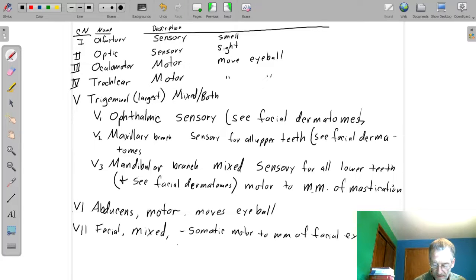We have sensory fibers within the facial nerve. Sensory for taste. And this is from the anterior 2/3 of tongue.